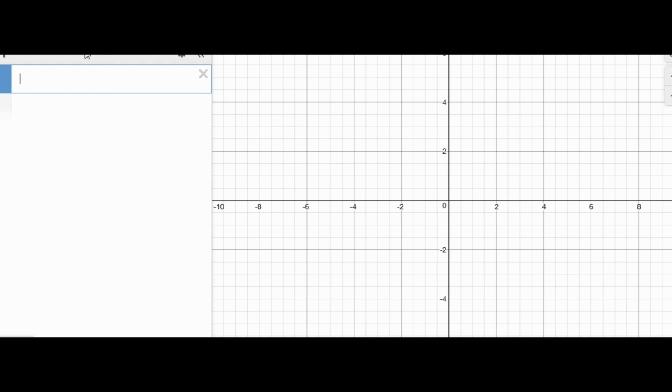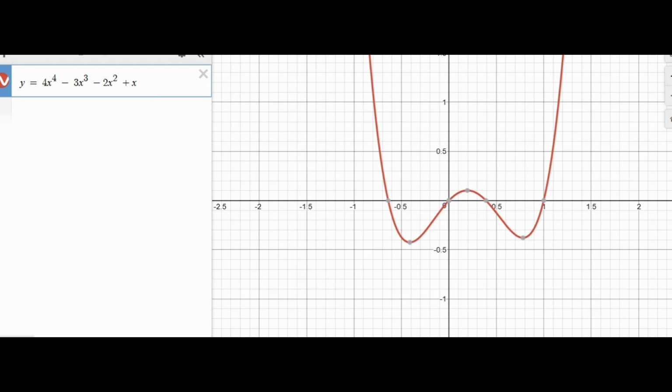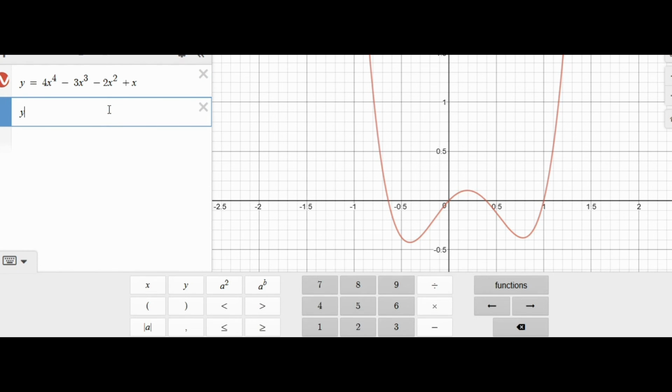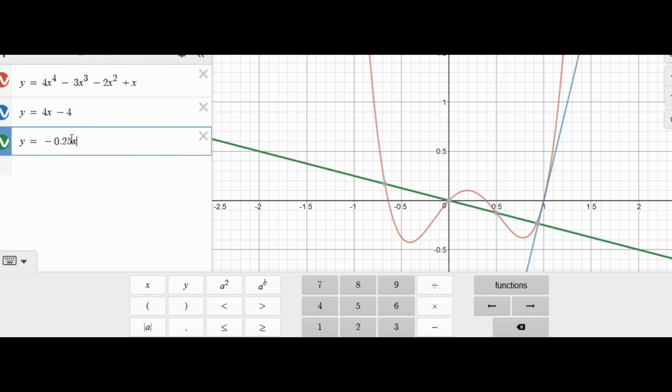Just to confirm it here, I have Desmos.com, so this is my curve here. Let me just zoom that in. This is my curve, and then the tangent at the point (1, 0) is y = 4x - 4. That's the tangent, and our normal line, we've deduced it to be -0.25x + 0.25.